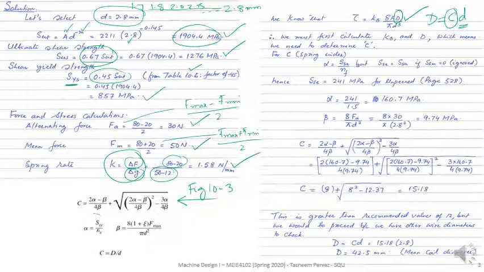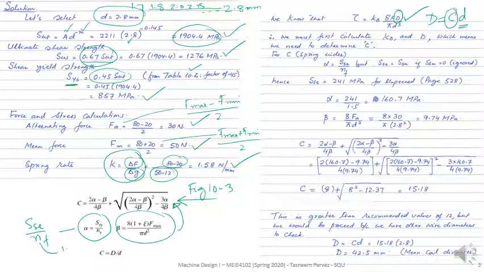And this is the equation for alpha. This is the equation for beta. I will calculate those and I will put it here. But be careful here. Right? Here, alpha will not be SSY. This will be SSE divided by the factor of safety for fatigue.